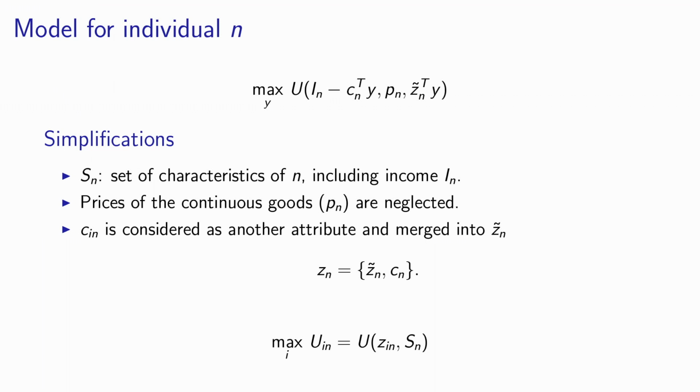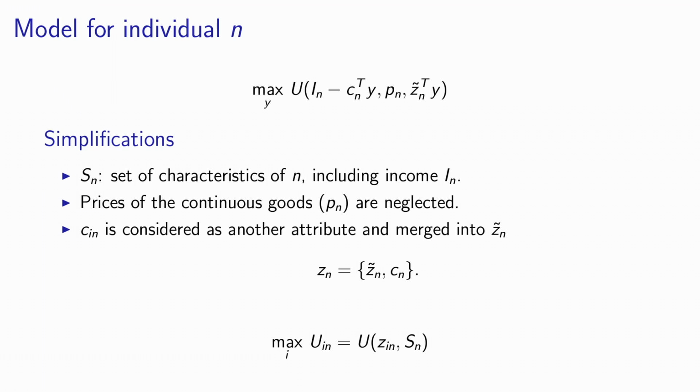We will denote by Sn the set of characteristics of individual n, and actually, although income plays a very specific role in this formulation, as you could see, we will simply add income into the set of characteristics as any other characteristic to simplify the presentation of the problem. We will also neglect the prices of the continuous goods. We will keep them out as they don't impact the utility of the discrete goods. And also, the cost of the alternative, which plays also a specific role in this formulation, is considered as another attribute and will be merged into the vector z of attributes.